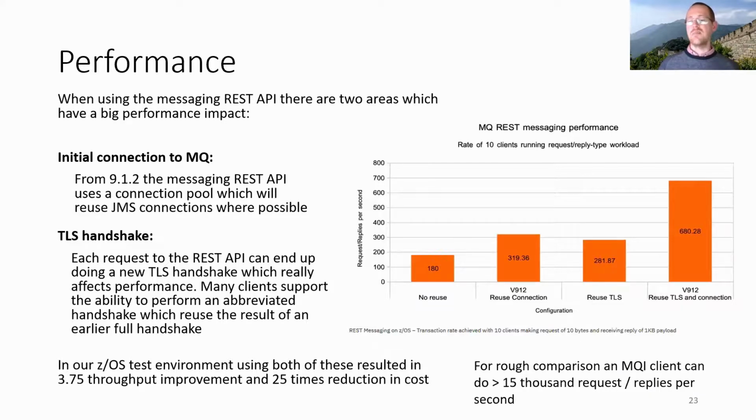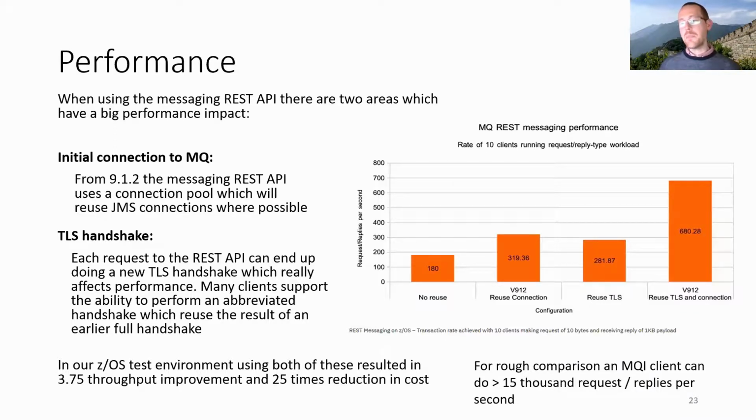And that's okay for some use cases, but it's not exactly a high throughput REST API. So subsequently, we did connection pooling, and that was done in 9.1.2. And you can see that close to doubled the throughput from our sample number. So that got you to 320 request replies per second.